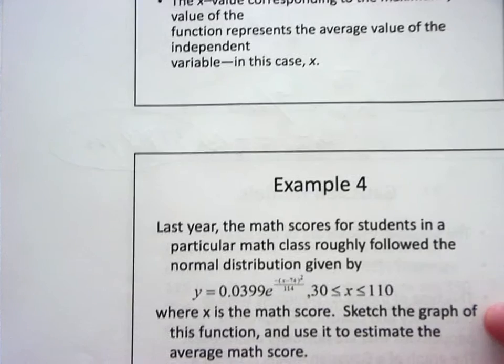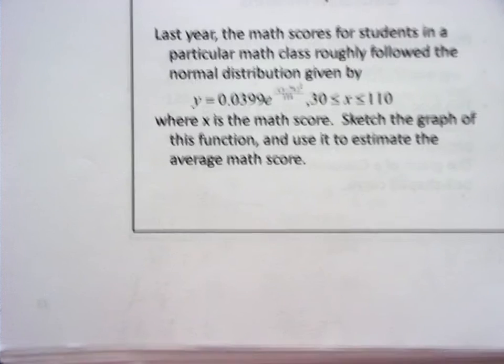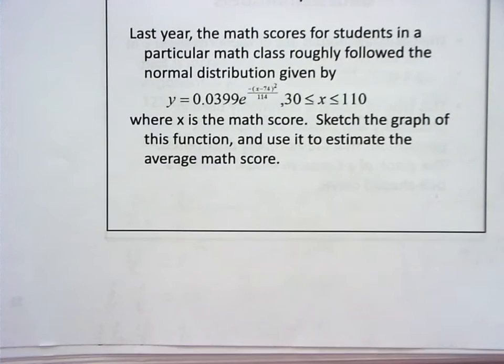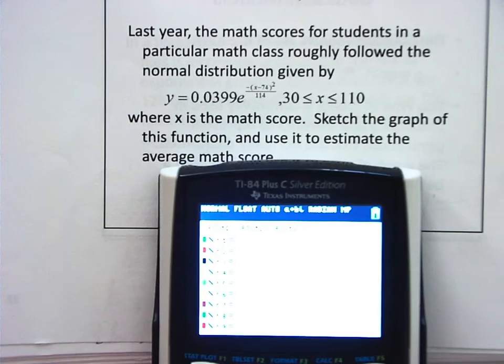So if I look at this situation using that Gaussian model, last year the math scores for students in a particular math class roughly followed the normal distribution given by that. Where x is the math score, sketch the graph of this function and use it to estimate the average score in the class. Instead of sketching it, I'm going to do it on the calculator. If I go to graph this, go ahead and put this one in.